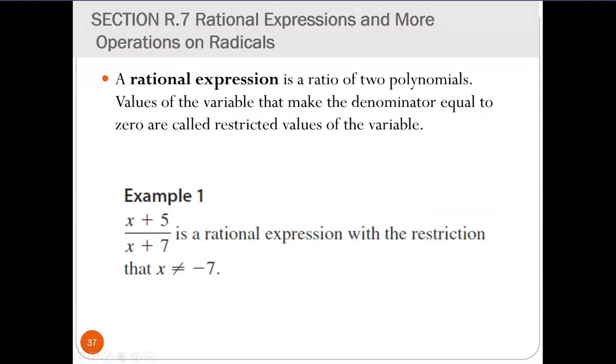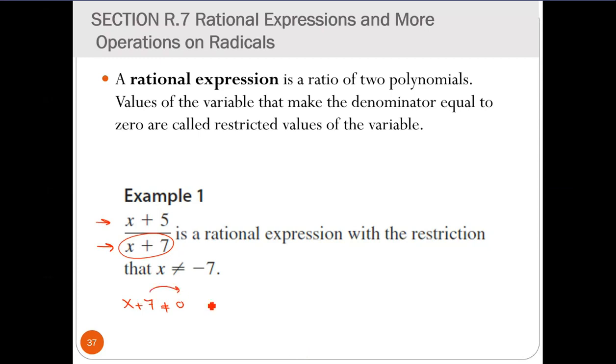Rational expression means we have polynomial divided by another polynomial. So rational expression أو العبارة النسبية يكون عندي polynomial over polynomial. أهم شيء denominators not equal 0. So if we have for example x plus 7, this must be not equal 0.